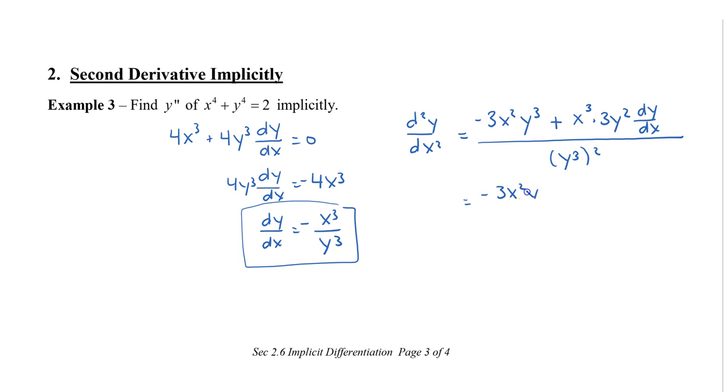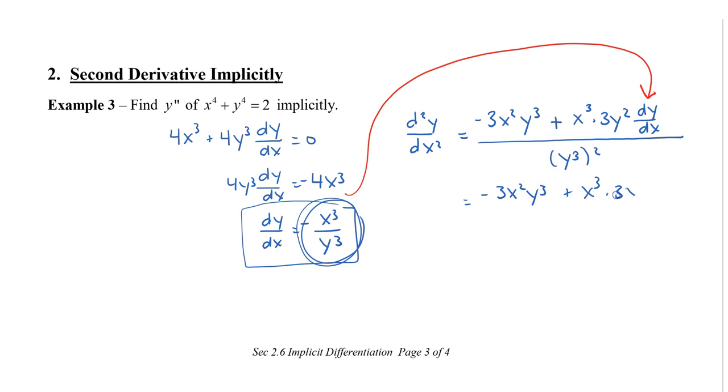Now, remember that dy/dx is actually this expression here. So I'm going to take this expression and plug it in. So I have plus x cubed times 3y squared, and then negative x cubed over y cubed, and then all to the power of y to the 6.